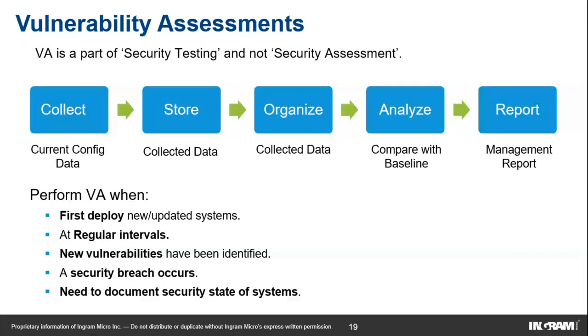So usually you perform a VA, vulnerability assessment or vulnerability scanning, when you first deploy any new system. Whenever you are deploying a new system, at least at that point, it should not have any vulnerabilities. Over time, it is definitely going to have some, because there will be new vulnerabilities found.